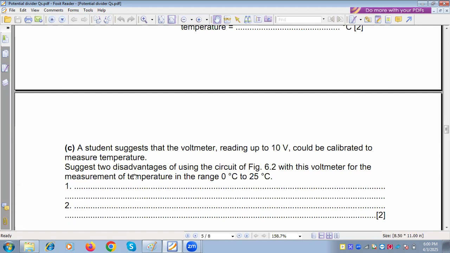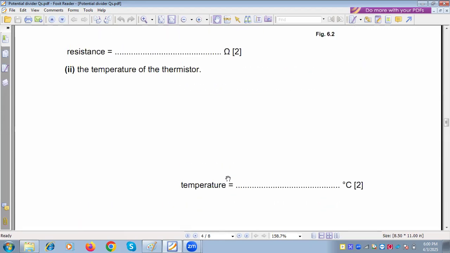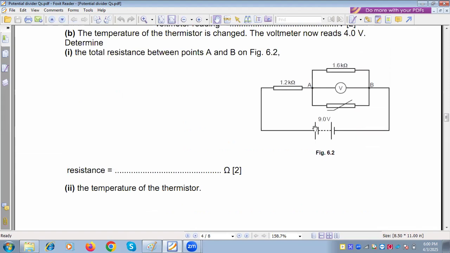Now a student suggests that the voltmeter reading up to 10 volt could be calibrated to measure the temperature. Calibration means finding out an unknown value with the help of known values. So give two advantages of using the circuit in figure 6.2 with this voltmeter for the measurement of temperature ranging from 0 degrees Celsius to 25 degrees Celsius. We have to first see the circuit. Using this circuit, will this voltmeter be suitable or not?